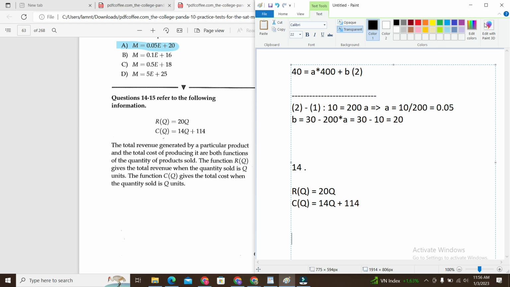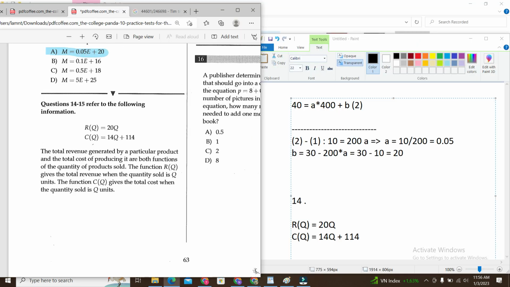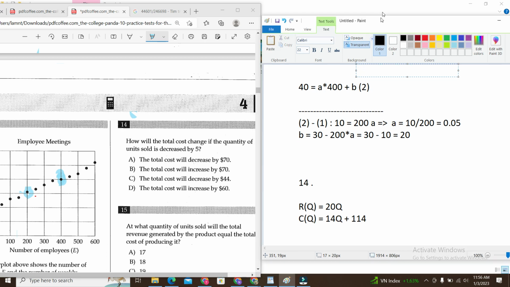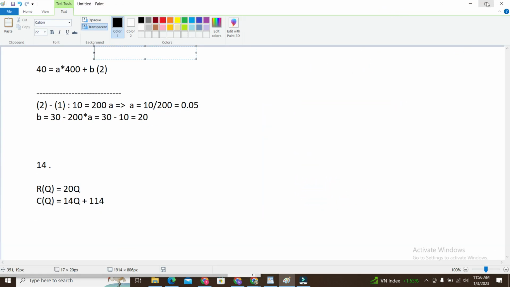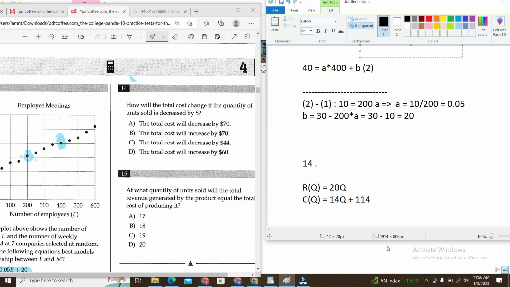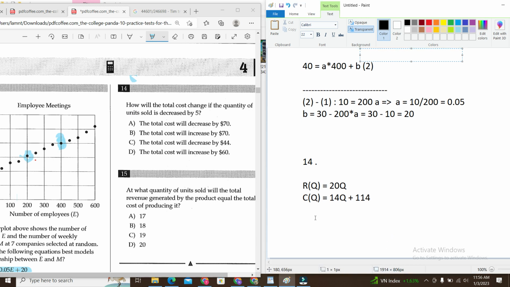Now what do they ask? How will the total cost change if the quantity is decreased by 5? So in this case, the total cost, which is C of Q.